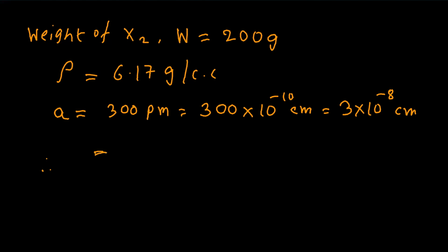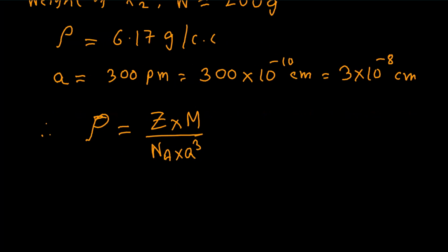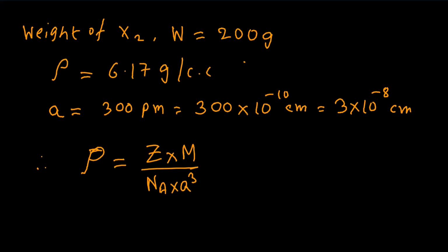So we know the formula to find out the density is rho equal to Z × M by Na × a cube, where rho is your density, Z is the contribution factor, and since in the question it has been mentioned that it is a body-centered unit cell, so we know, I'm writing here, Z for BCC will be equal to 2.